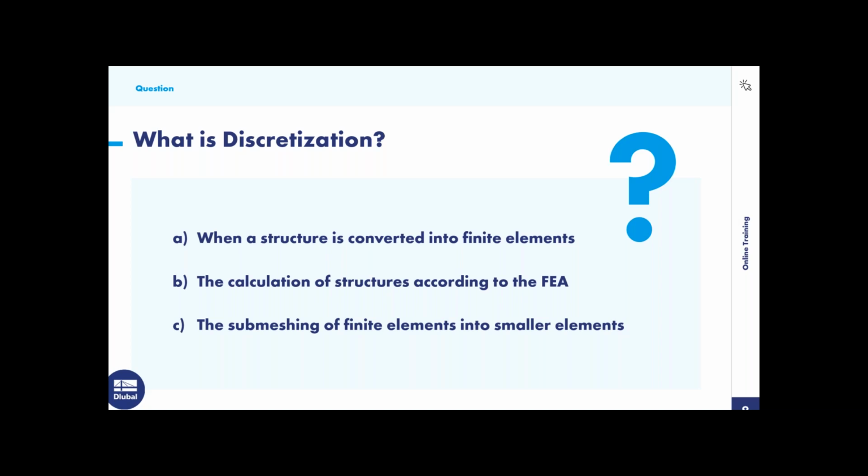Some people were saying C, the submeshing of finite elements into smaller elements. So the correct answer is A, and discretization is when you take a structure such as a building or any type of structure and you model it in a FEA software, and then basically the structure is converted into finite elements for the analysis.